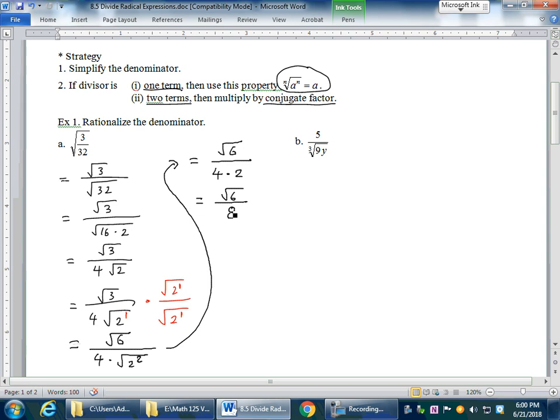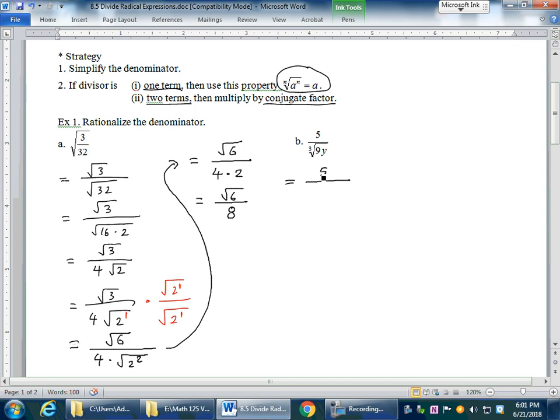So let's take a look at the next example. 5 over cube root of 9y. We know that cube root of 9y I cannot simplify any further. So for the numerical part, the trick is always to write it in prime factorization.